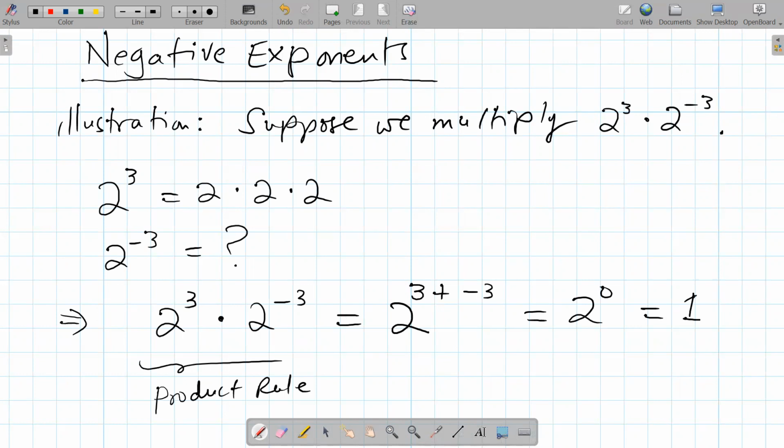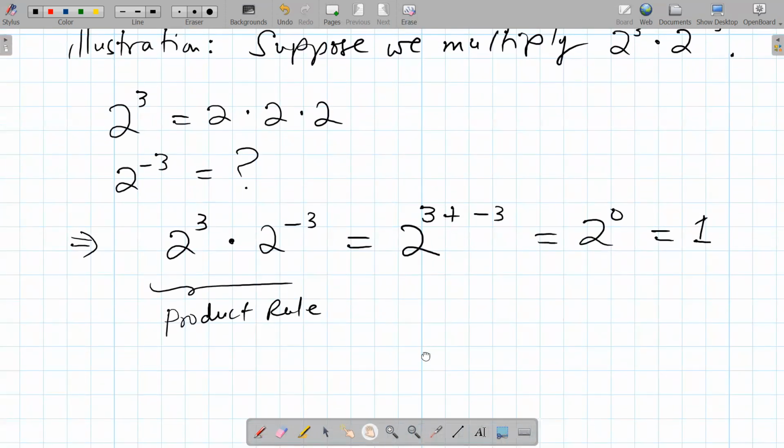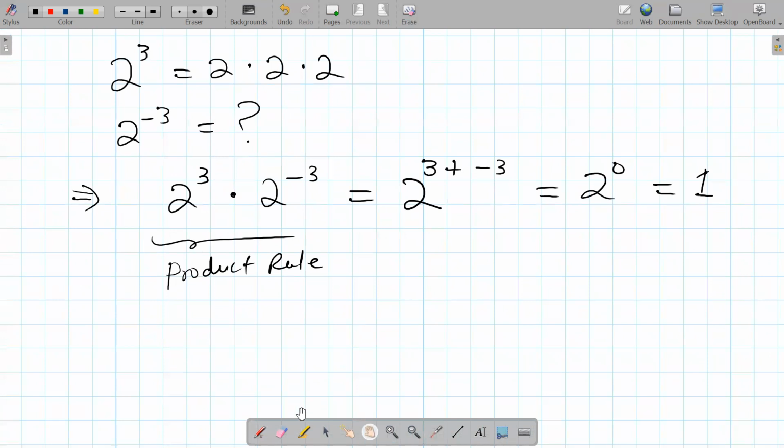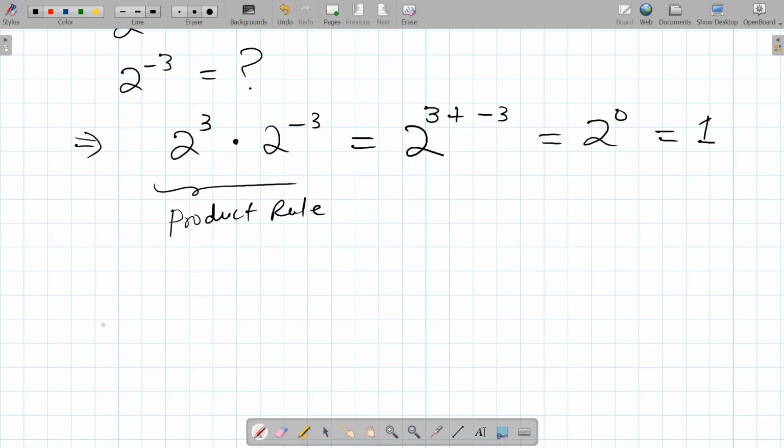But 0 raised to 0 we said is indeterminate. If you check back on the other video, you would see the explanation there. So now 2 to the third times 2 to the negative 3 turns out to be 1.